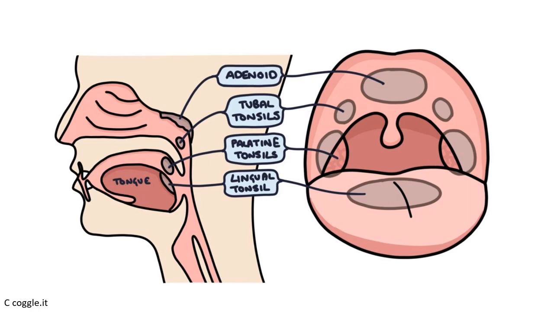So this picture shows you the tonsillar ring, or the tonsillar ring of Waldeyer. This tonsillar ring guards the region that connects the oral cavity with the oropharynx.